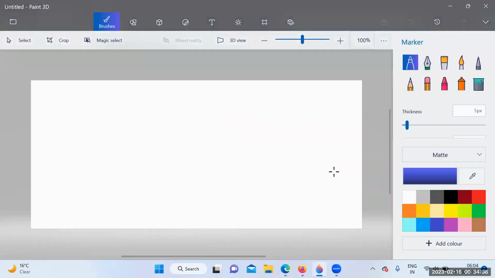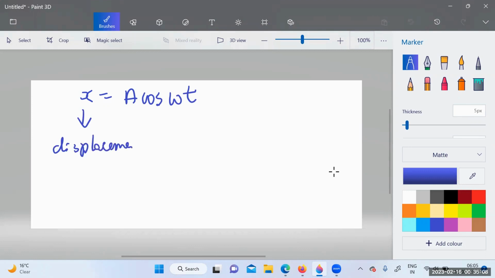So now we know how to find the velocity at any point of time in a simple harmonic motion. Now we'll learn about displacement. If you have to give an equation for the simple harmonic motion, it's given by x equal to a into cos of omega t, where x is the displacement and a is the amplitude, omega is the angular velocity, and t is the time.